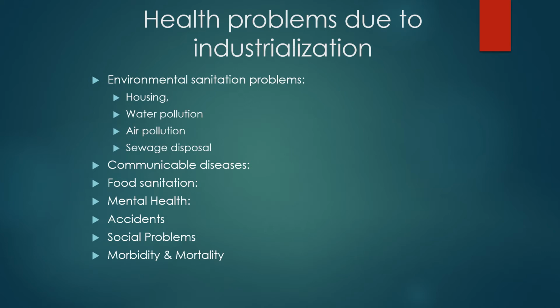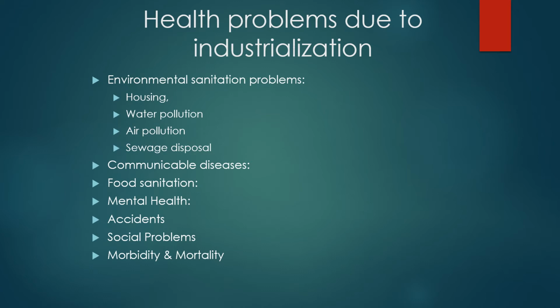And improper sewage disposal, due to insanitary ways of disposing waste because of improper housing or the creation of slums, leads to many waterborne and mosquito-borne diseases like typhoid, paratyphoid, and others.